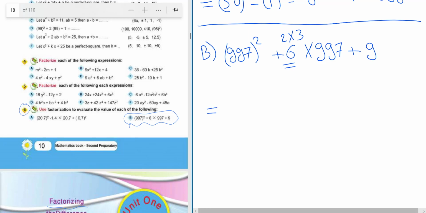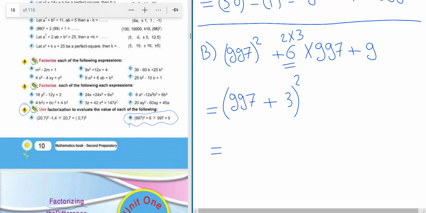So we use the factorization of a perfect square trinomial to find the value of this expression, which is the square of a binomial. At first, the square of the first term 997, the square of the third term 3. The sign of the middle term is positive.